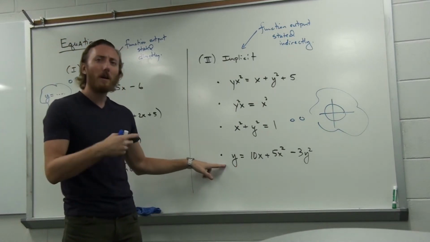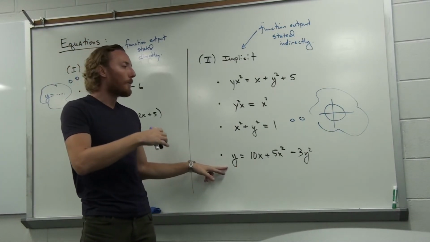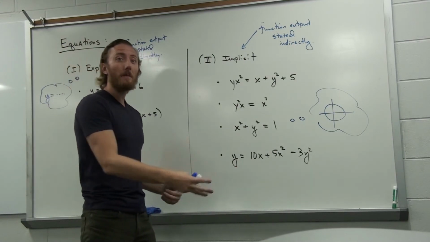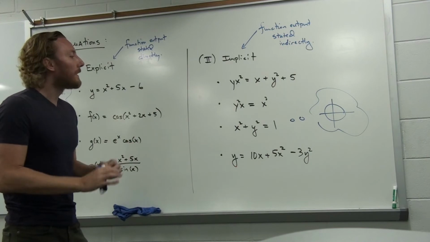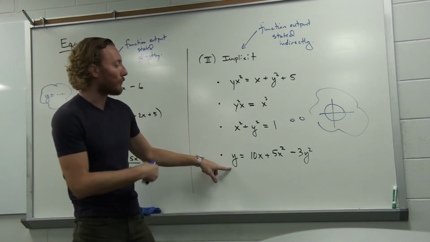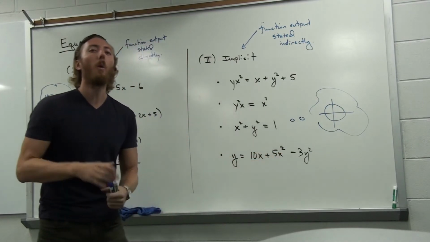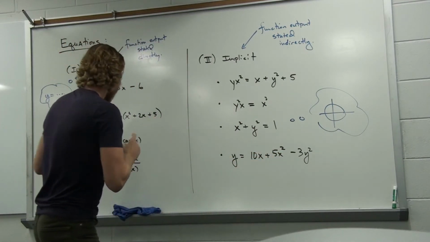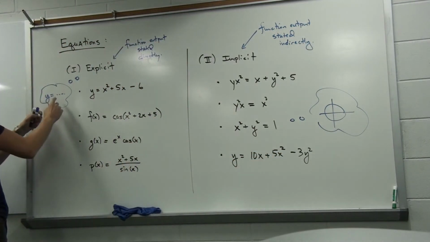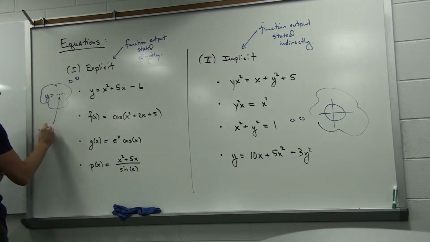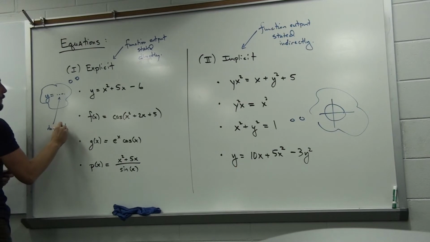This last example of an implicit equation is almost deceptively implicit, because you could say, oh, look at this, it's y equals something, it must be explicit. No, not so fast, because look at this expression: y equals 10x plus 5x squared minus 3y squared. An explicit equation is of the form y equals dot dot dot, where all of that dot dot dot does not involve y.